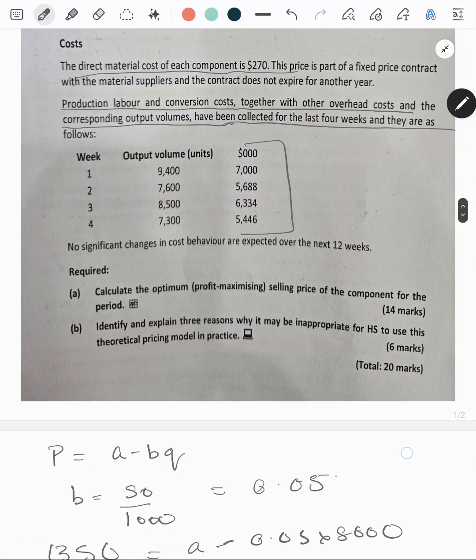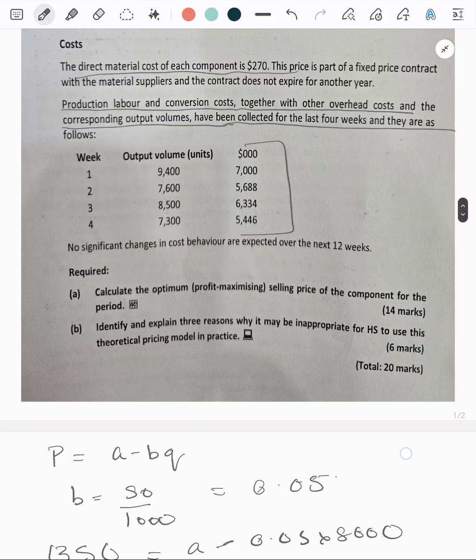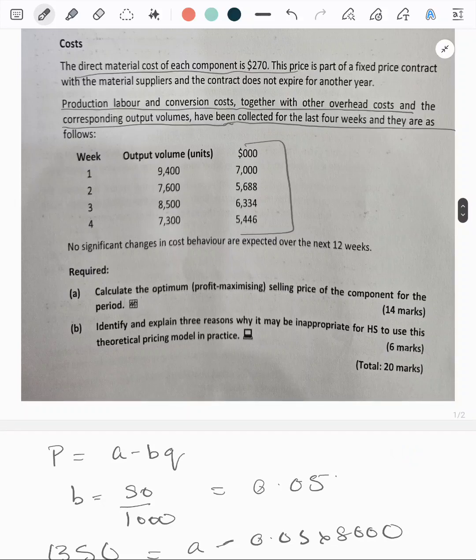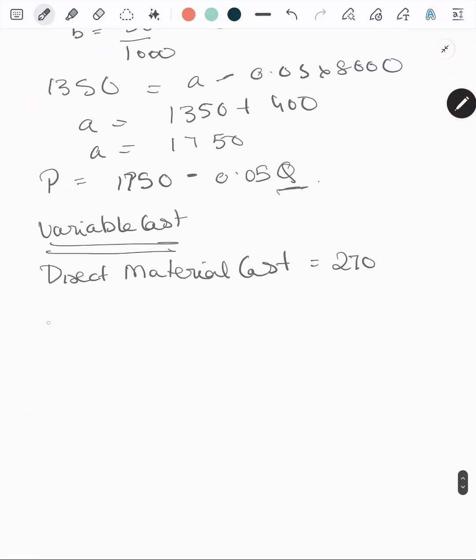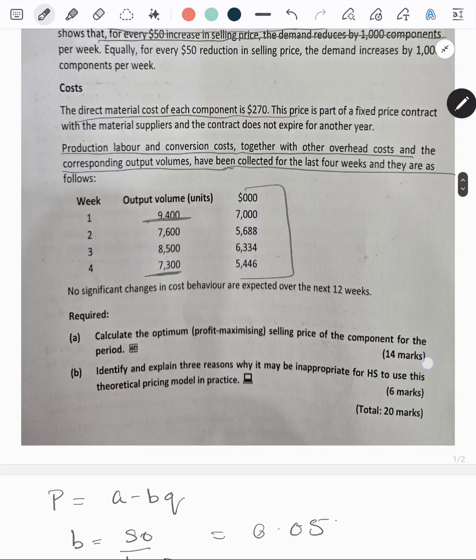All right, so the lowest output is 7,300 and the highest is 9,400. So I am now calculating the variable cost of production and conversion.